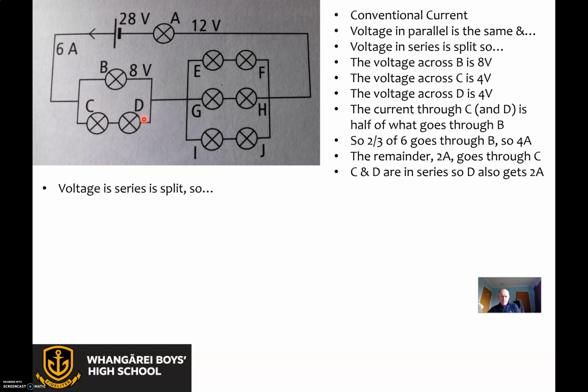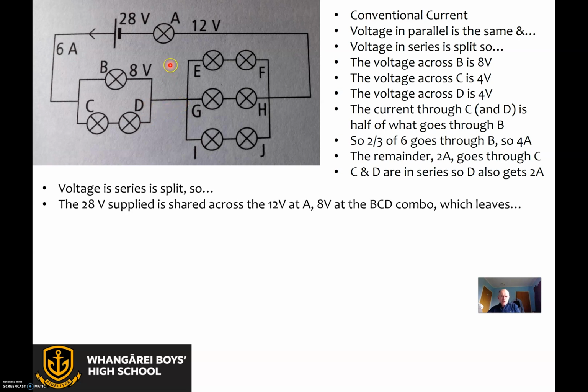Now, moving along, voltage in series is split, so the 28 volts supplied here gets shared as 12 volts across that one, 8 volts across here, which leaves, so 12 and 8 makes 20, which leaves 8 volts across this big combo here.